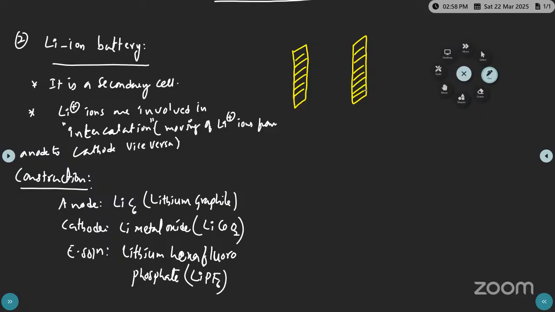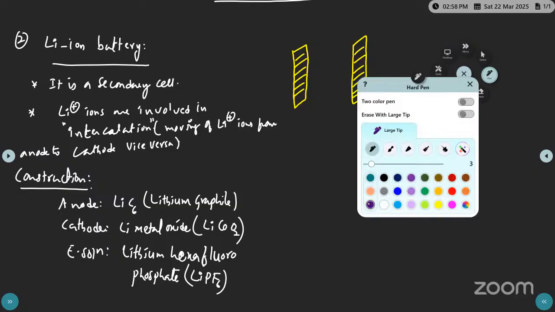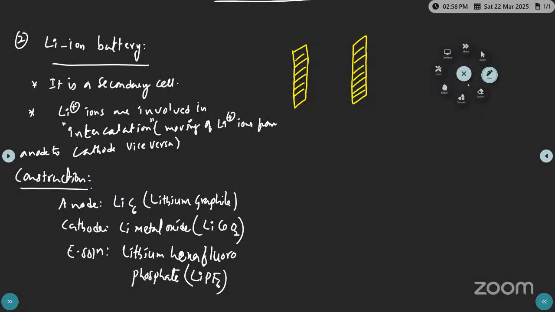These two electrodes are separated by a separator like this.